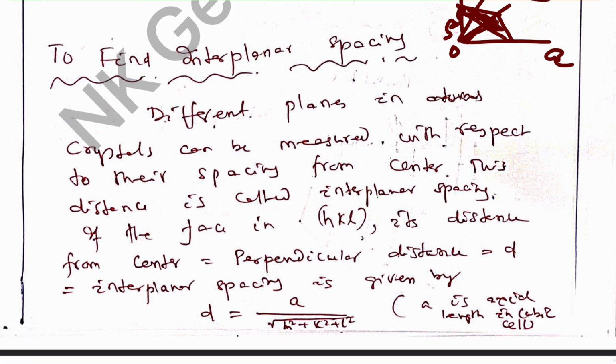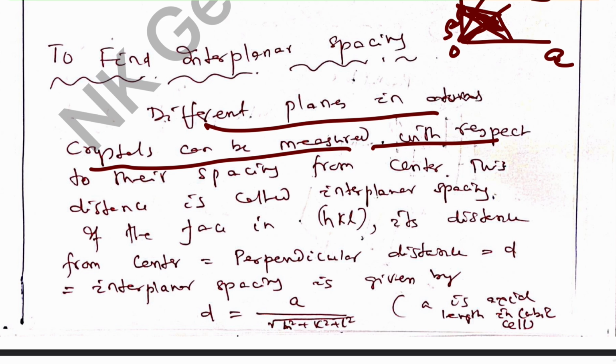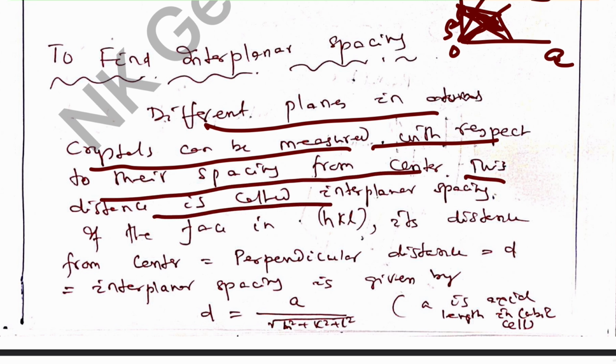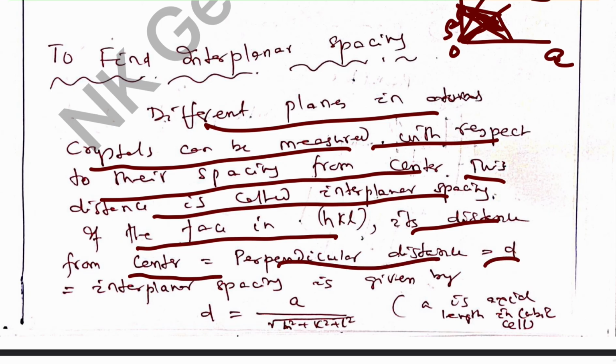That we will see. Different planes in crystals can be measured with respect to their spacing from the center. This distance is called interplanar spacing. If the face is a scale, its distance from the center or perpendicular distance d, that is interplanar spacing, is given by d is equal to a by root over of h square plus k square plus l square.